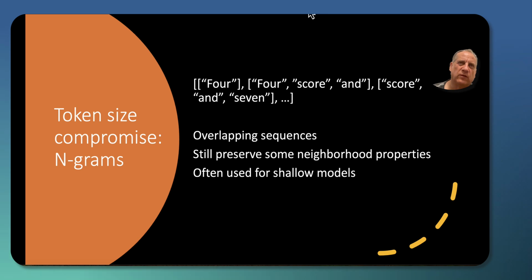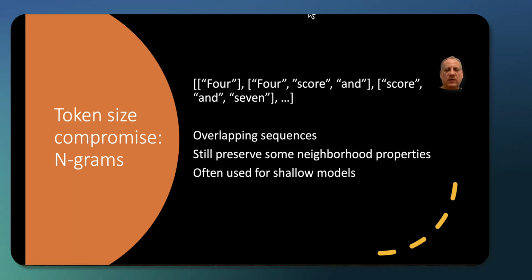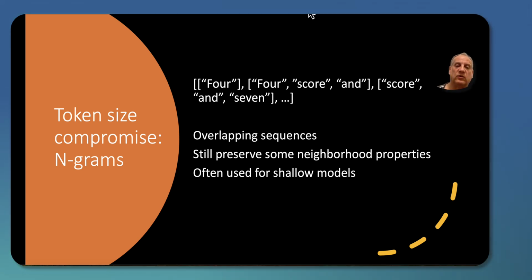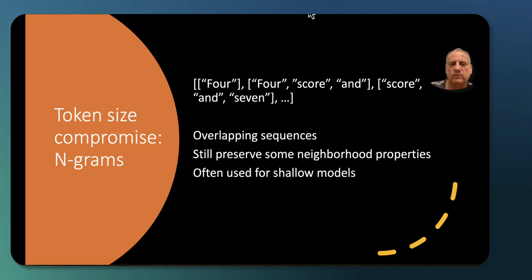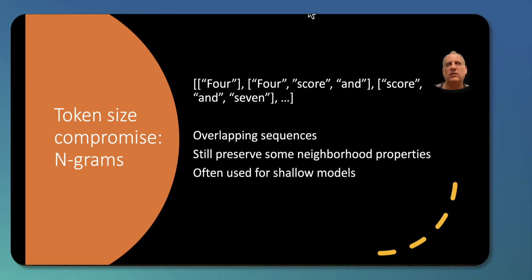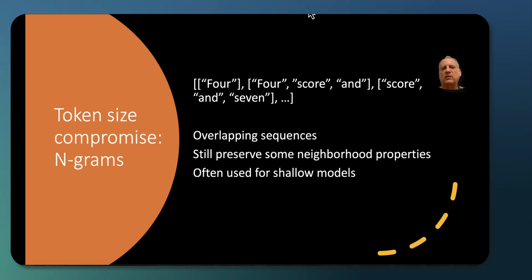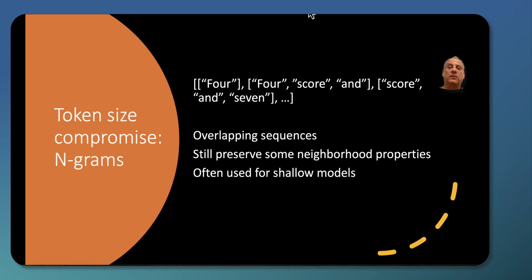It still preserves some of the neighborhood properties, so we still get some representation of that. But at the same time, it's not too big. We're not dealing with whole sentences at once. So these are often used not so much for deep learning models, but for representations that we'll talk about in a second that are kind of shallow models.